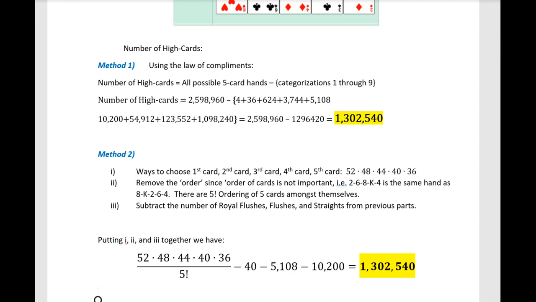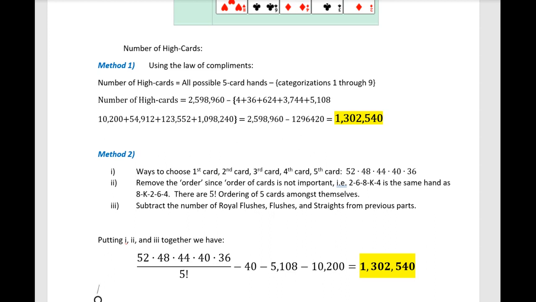Because there are 52 cards, the first card could be any one of the 13 denominations, right, from all 4 suits. So it could be anything. So we have 52 choices for the first card. But because we cannot have repetition, because that will create pairs, 3 of a kind, 4 of a kind, and so on, for the second card we only have 48 to choose from.